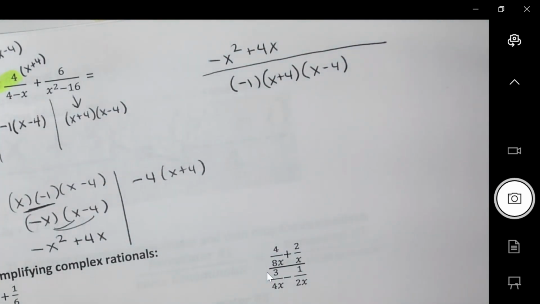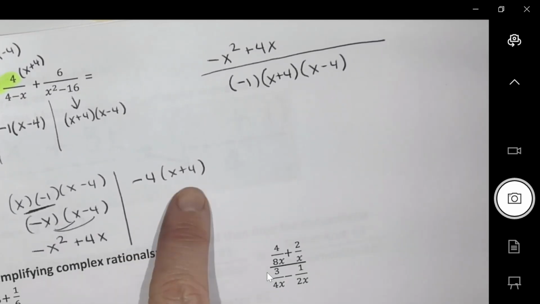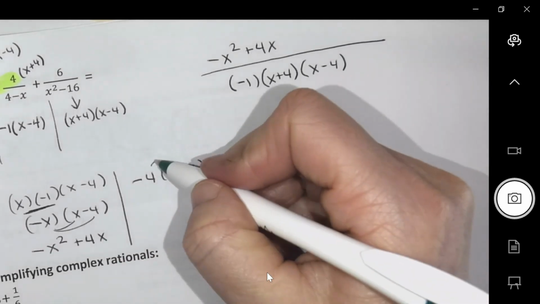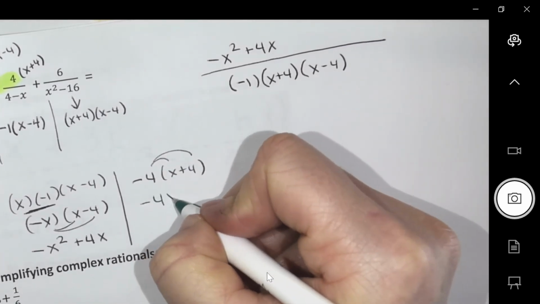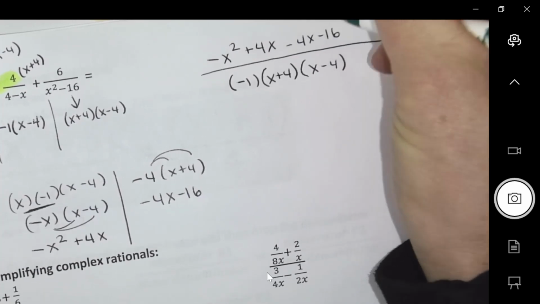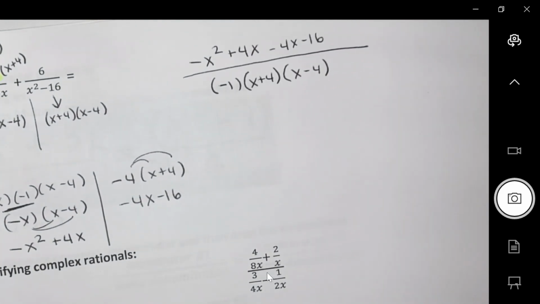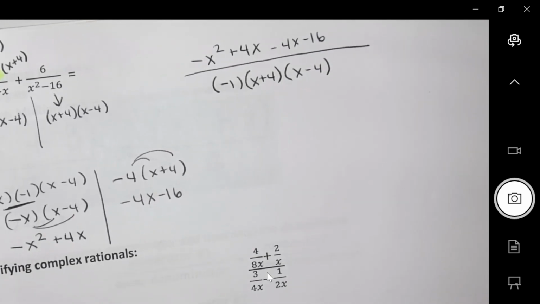Has a negative. So then I get... okay, you gotta really be careful of those negative signs. Those can be tricky.